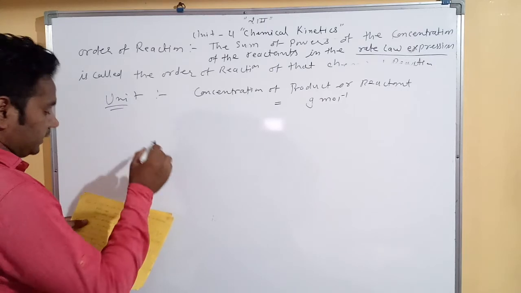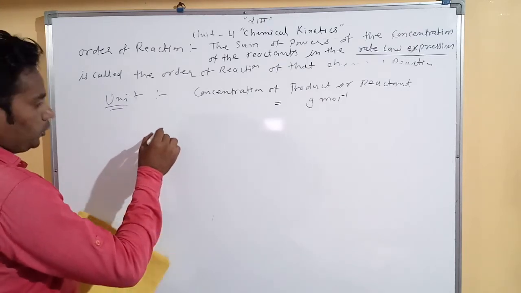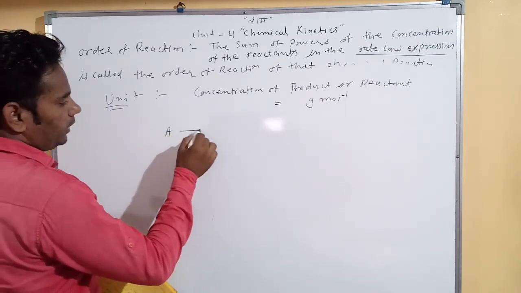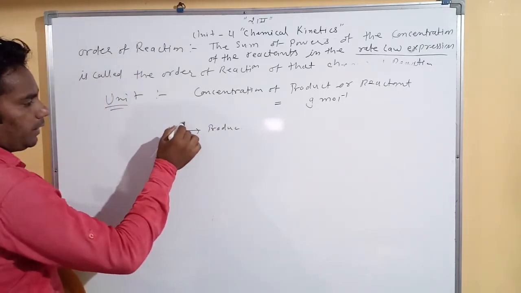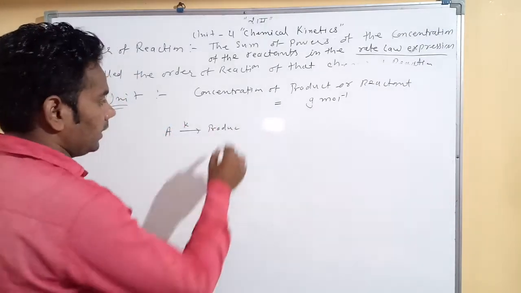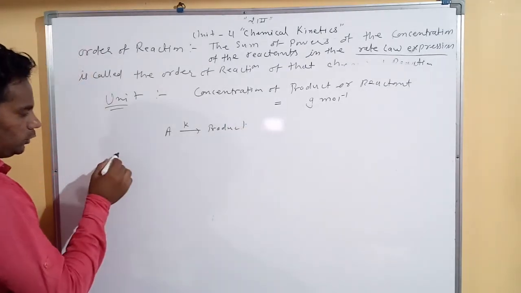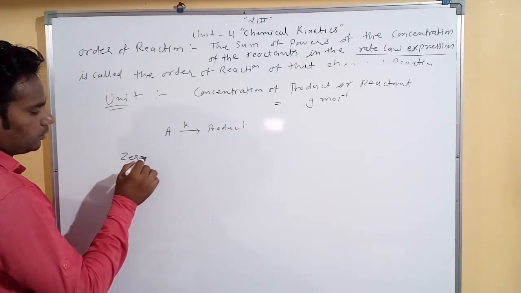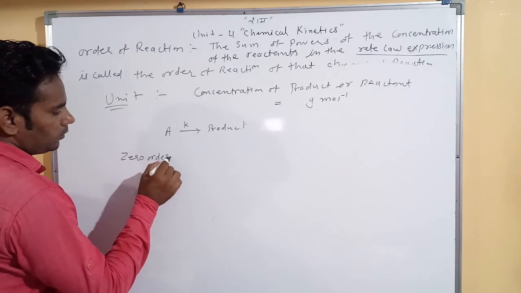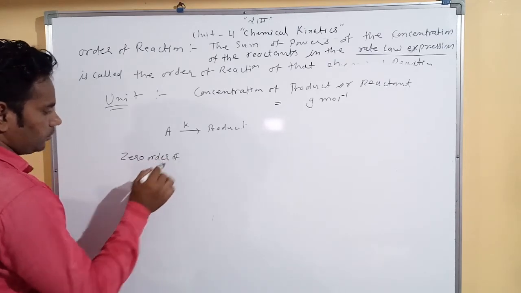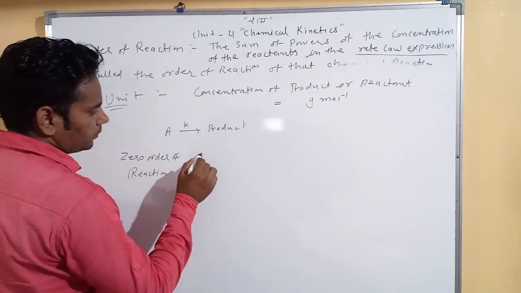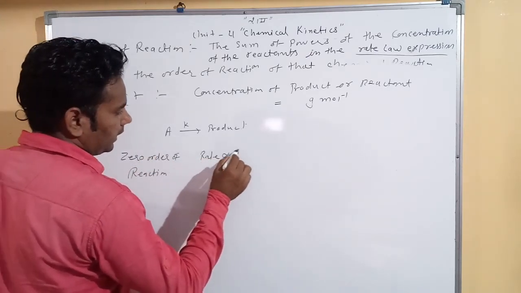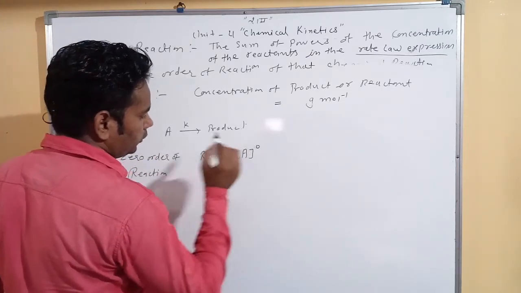Now first we consider zero order of reaction. Suppose A converts into product, in the presence of any catalyst. So for zero order of reaction, the rate is directly proportional to A to the power 0.